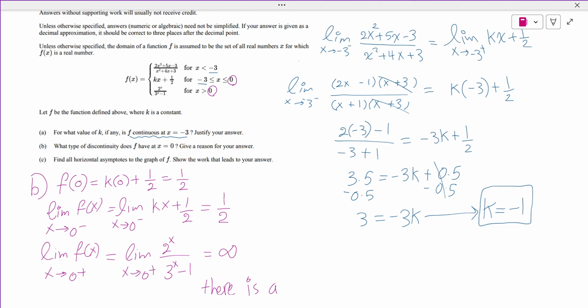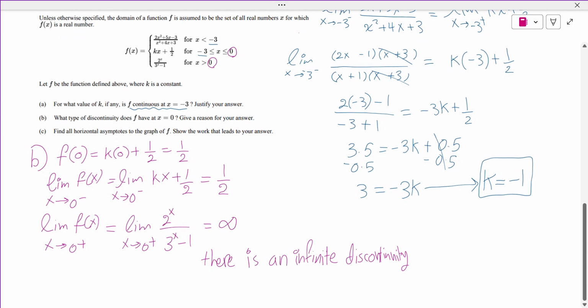We call it an infinite discontinuity at x equals 0, or there is a vertical asymptote at x equals 0. VA means vertical asymptote at x equals 0.